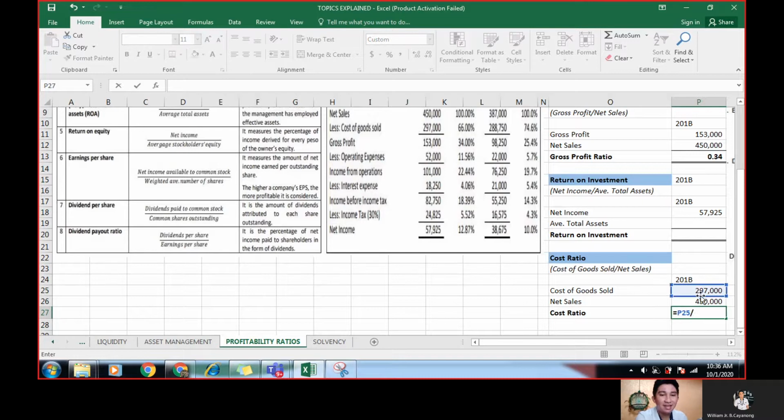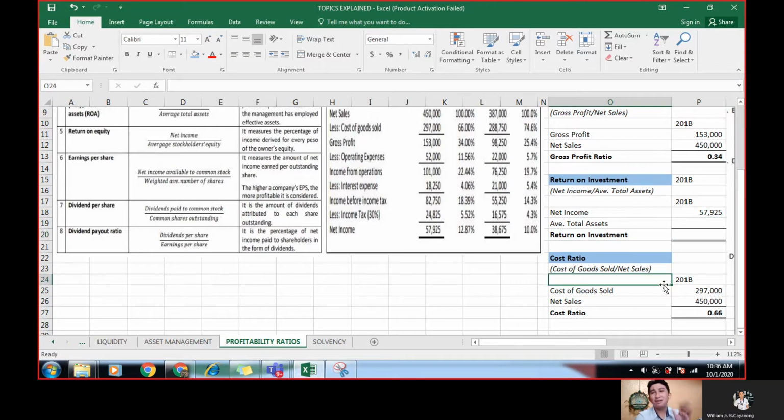Divide lang natin, press enter, so it's 1. Tingnan natin, that's 66% or 70% if you round up. Therefore, out from the 100% na net sales natin, 66% of that is cost of sales.